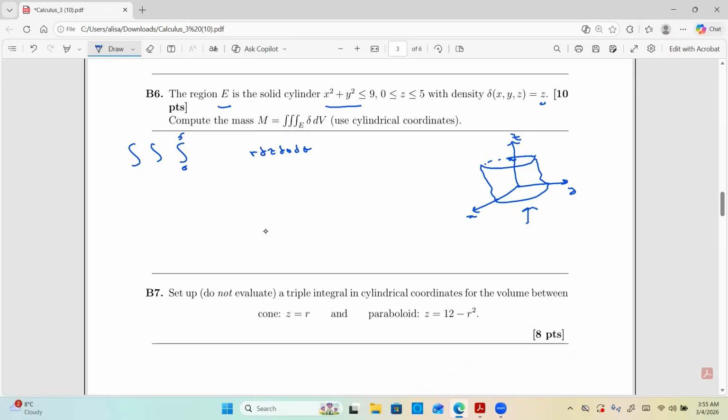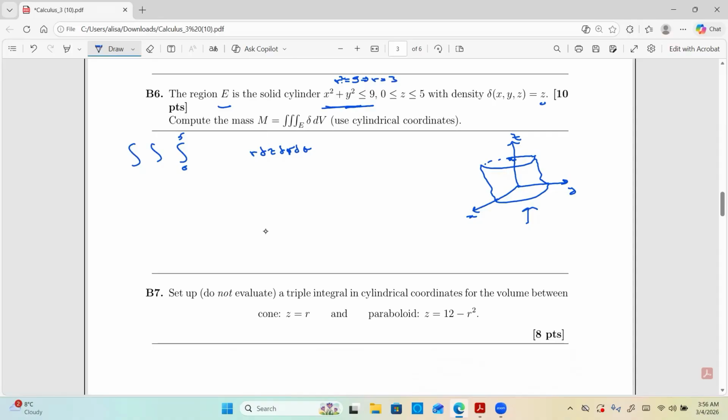Excuse me, this is r here: r dz dr d theta. So for r, we need the projection on the xy plane. However, we already have that. It's the region bounded by the circle of center 0, 0, radius 3, which means in this case r squared equals 9 is the boundary, which means r equals 3 is the boundary.